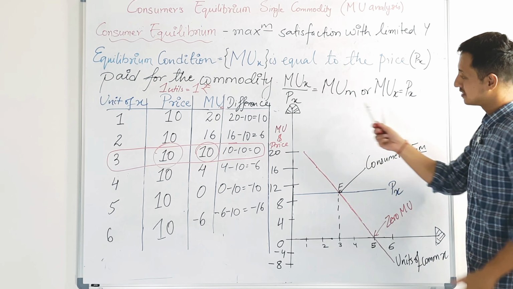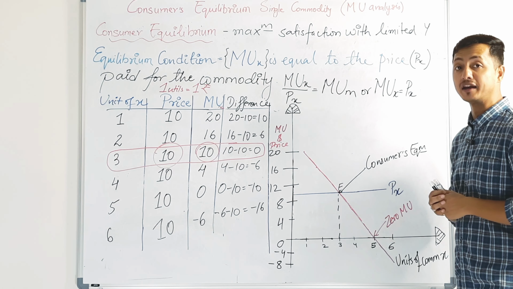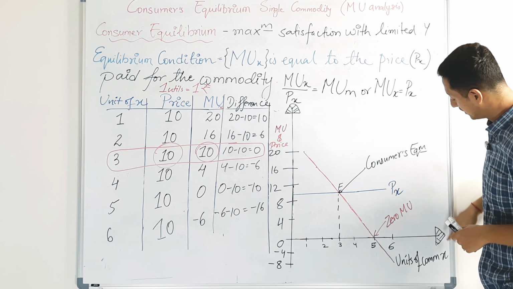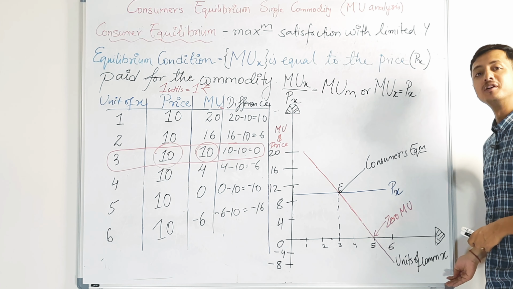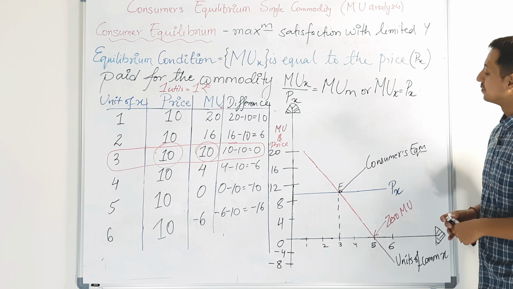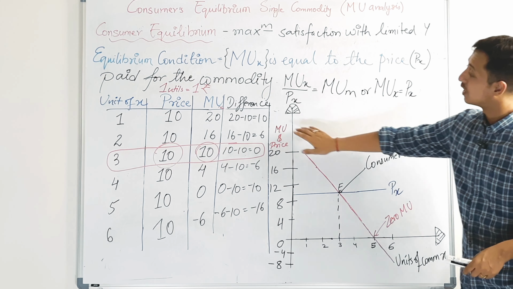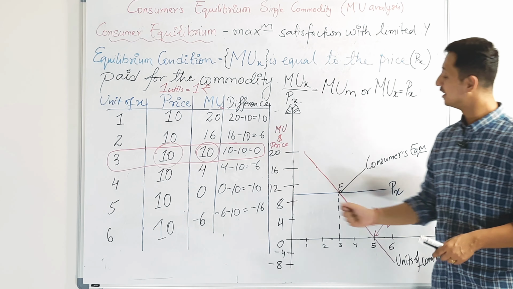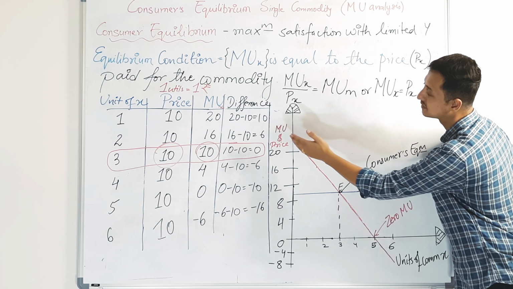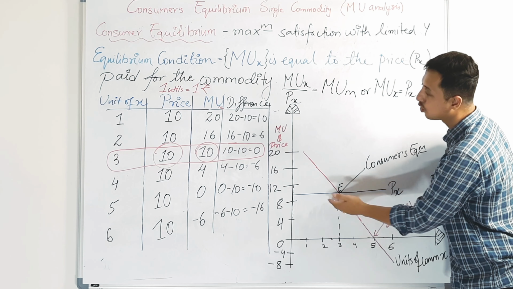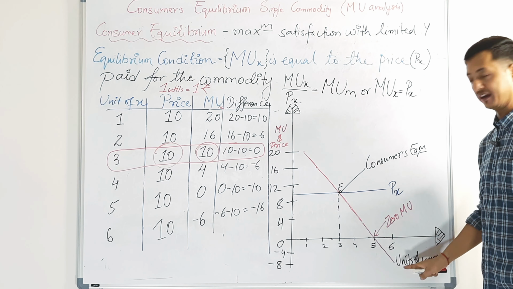In this diagram, the x-axis represents marginal utility and price of X, and the y-axis represents units of commodity X. Here we have plotted the marginal utility: at the first unit 20, the second unit 16, and so on. It goes on diminishing and becomes negative.